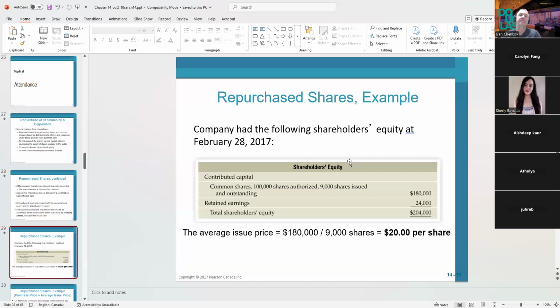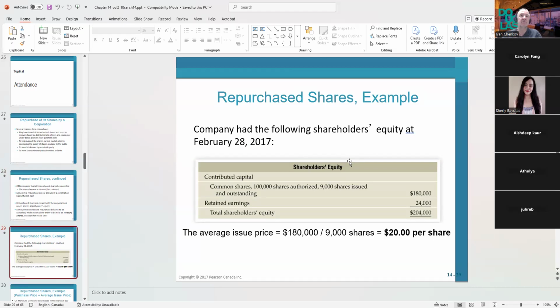So let's see this company. It has the following shareholders' equity at February 28th. They have contributed capital, common shares of 100,000 shares authorized. This is how many they can issue and sell within the life of the company. Only 9,000 of those shares are issued and outstanding.